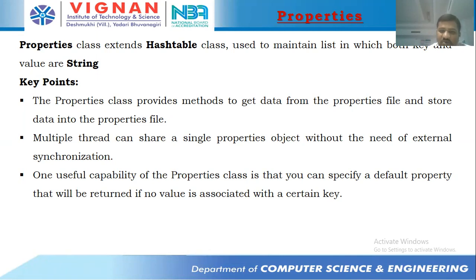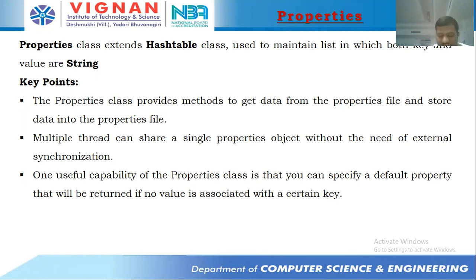So the Properties class provides methods to get the data from the properties file and to store the data into it. Suppose in the properties file you'll have a key, then a value, and then another key, like that. And this class contains methods that are used to read the data from the properties file and to write the data into it.